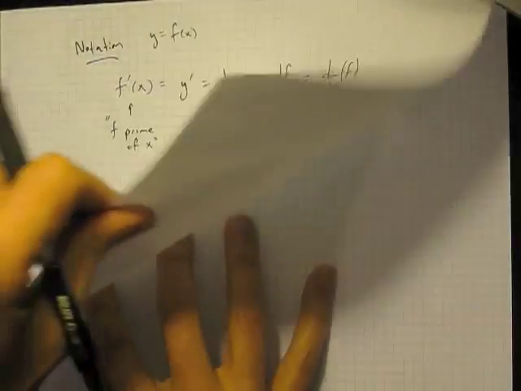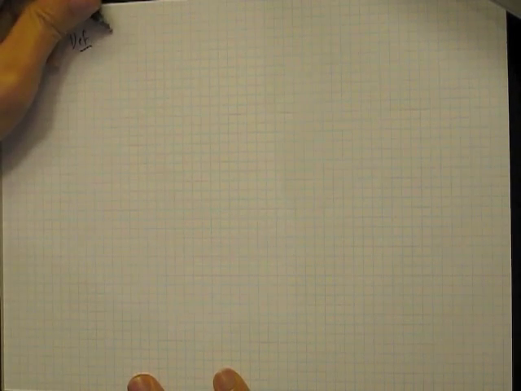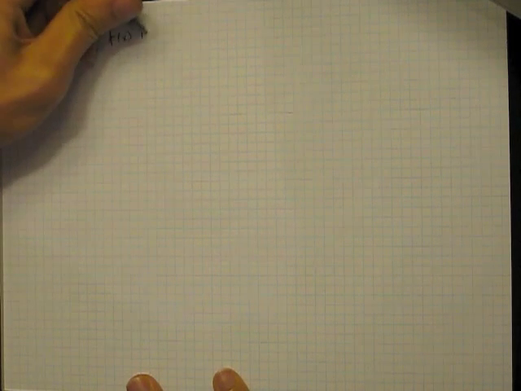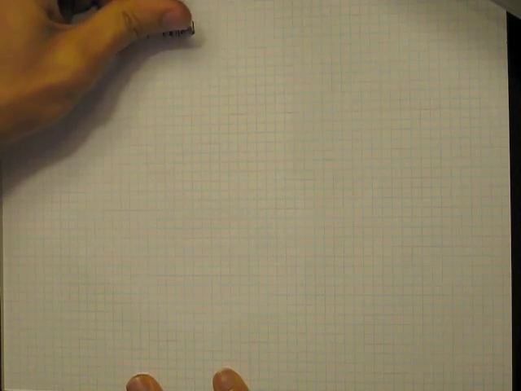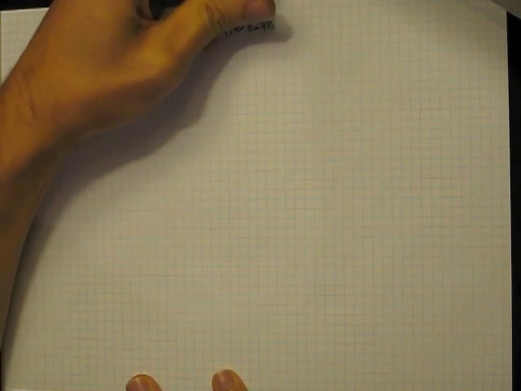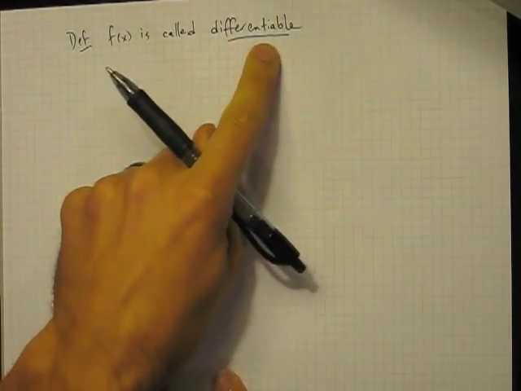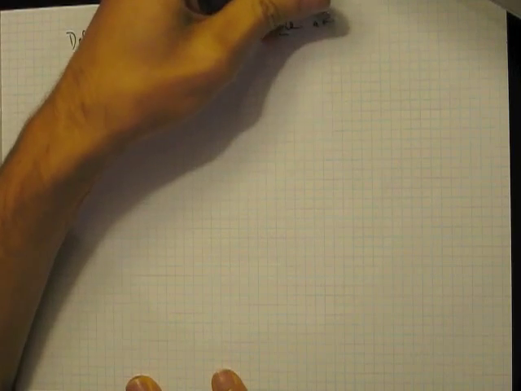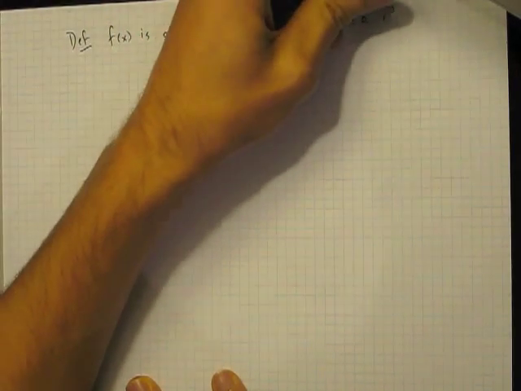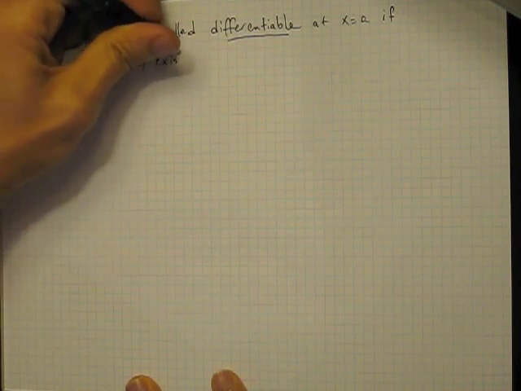Another definition here. We say that f of x is called differentiable, so say it with me, differentiable at x equals a, if f prime of a exists.